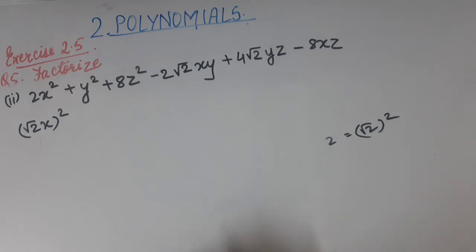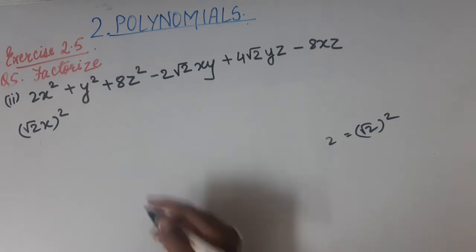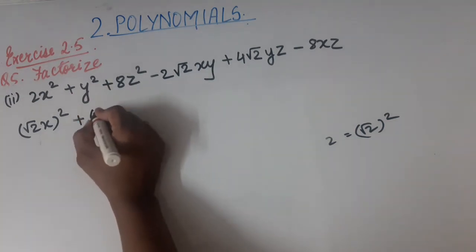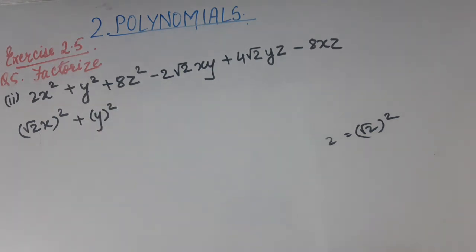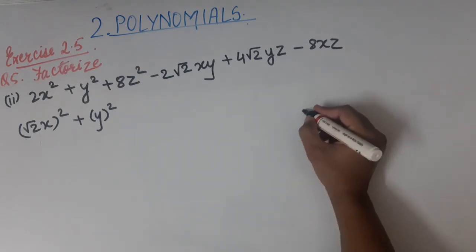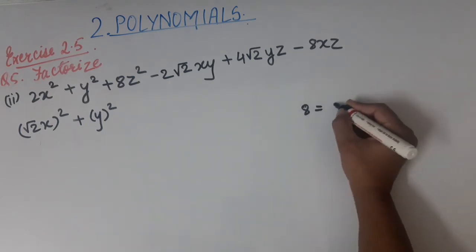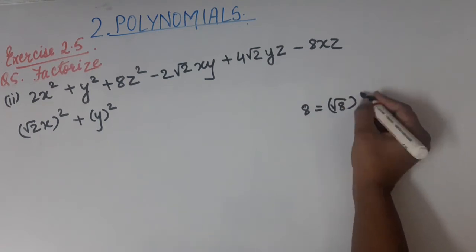Then y square is directly y's square. Now 8, how can I make it a perfect square? 8 is the perfect square of root 8, whole square.